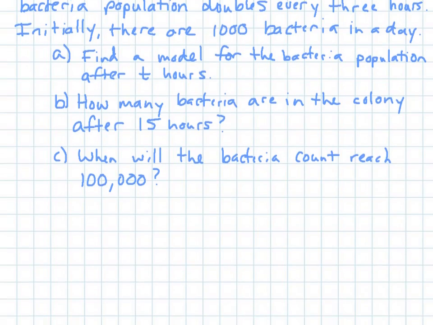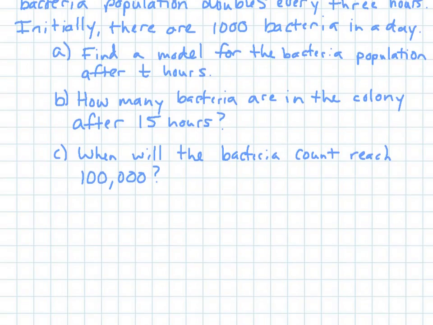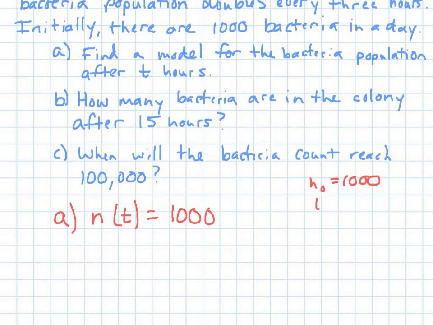So letter A is looking for n of t, and our initial, so that n sub 0, is going to be the 1,000. Then we're looking for t and a.